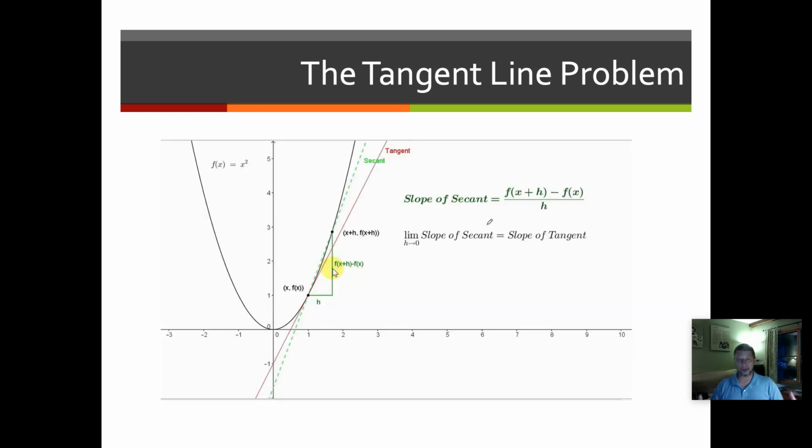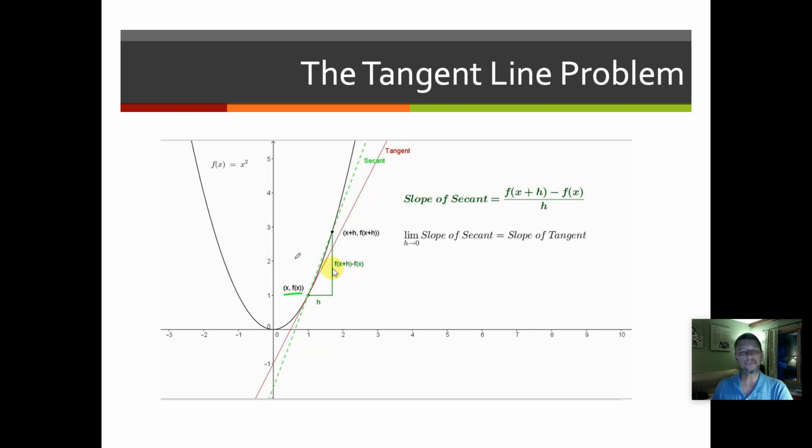Now, here it is again, a picture of this blown up a little bit so that you can see it more clearly. Notice the red line is the tangent line, and it touches the curve only at this point right here, x, f of x.